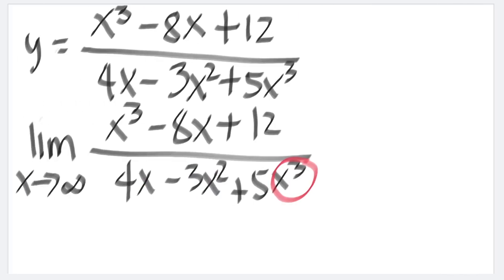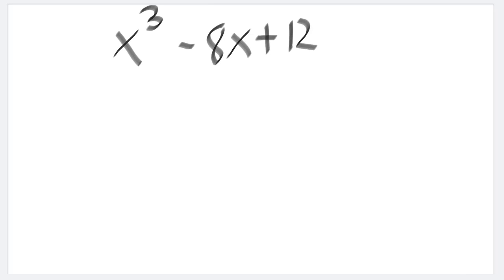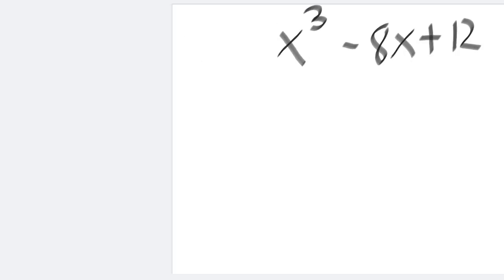Since the greatest term is x cubed, we divide it by x cubed. I repeat, divide only by the largest term without including the coefficient, just the variable part of the largest term of the function.